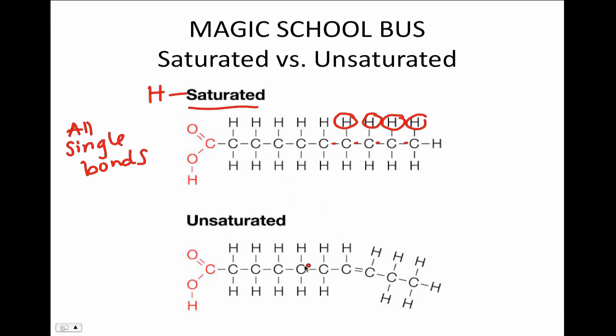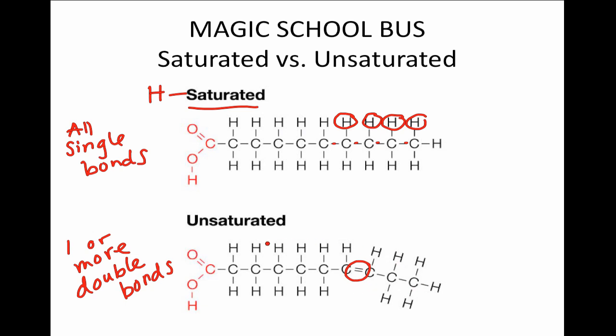Well, if you look here at this unsaturated fatty acid, you'll probably immediately notice that there are these two lines. Unsaturated fat has one or more double bonds. And we call it unsaturated because each carbon doesn't always have the total amount of hydrogens that it could.